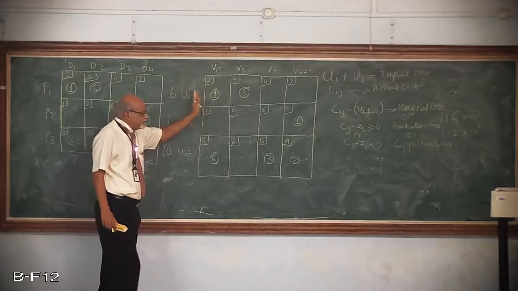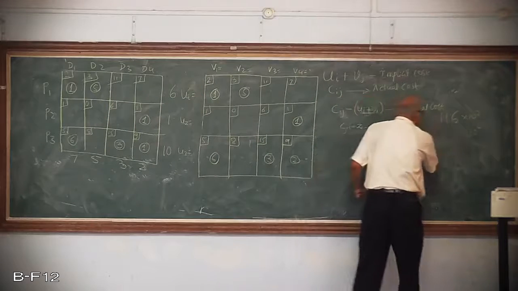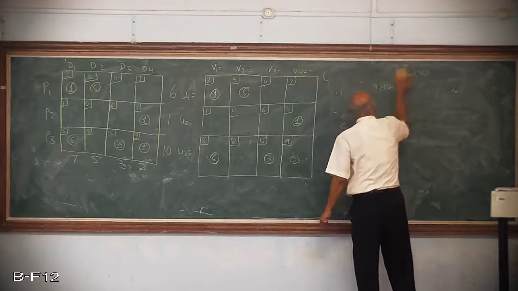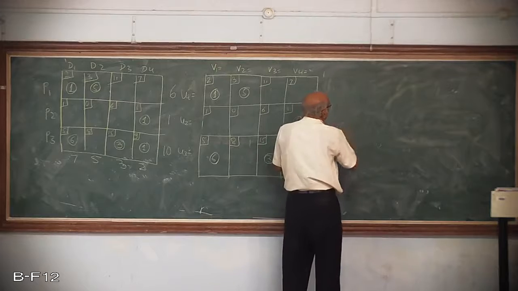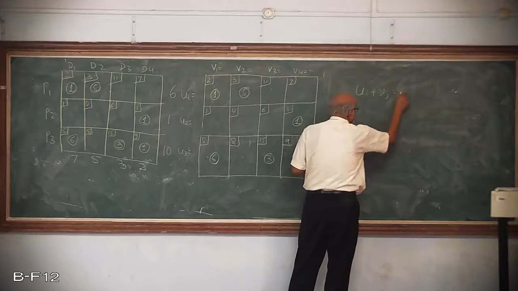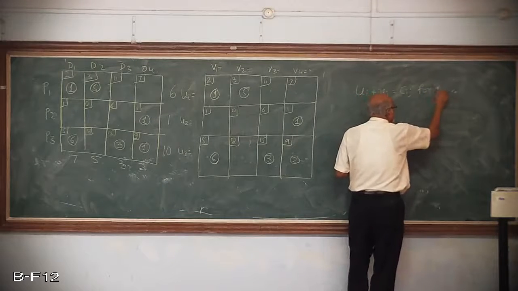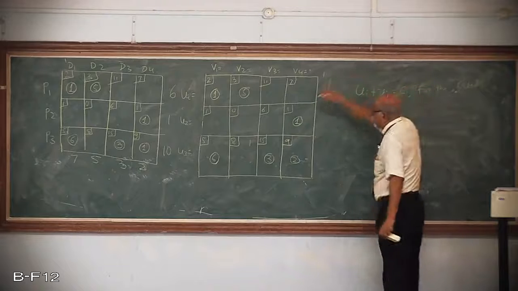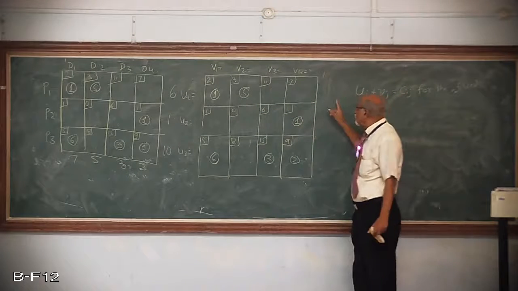The governing equation is Ui plus Vj equals Cij for the filled cells. There are 6 filled-in cells.